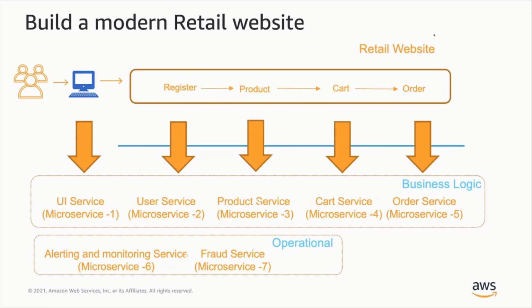A cart microservice that's responsible for cart management for a particular user. And an order microservice responsible for order management, so it should be able to place the order, extract the order, etc. And for the operational aspect, we'll be using two microservices, one for monitoring and alerting, and another for order fraud detection.